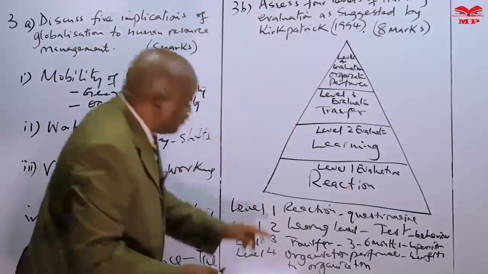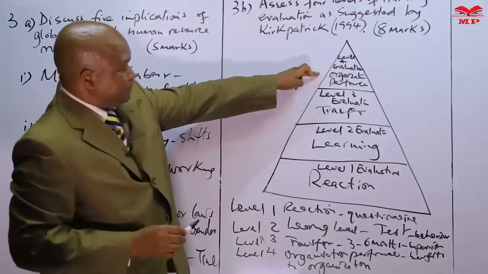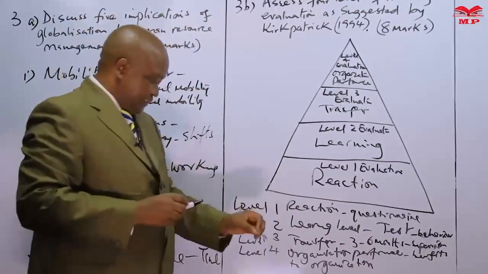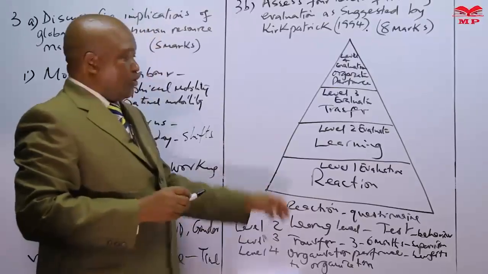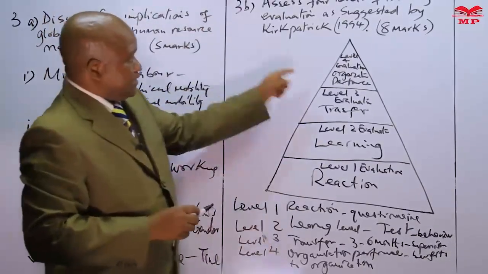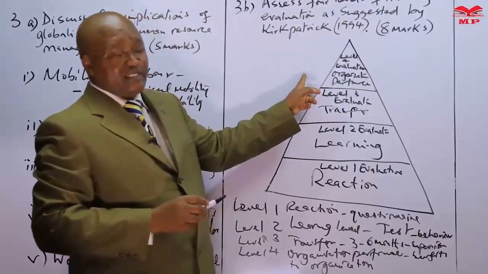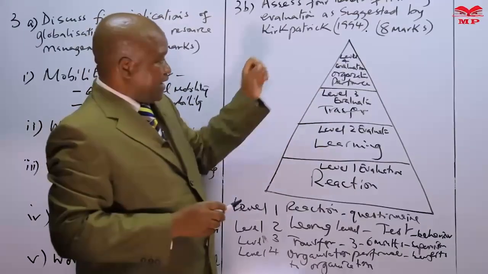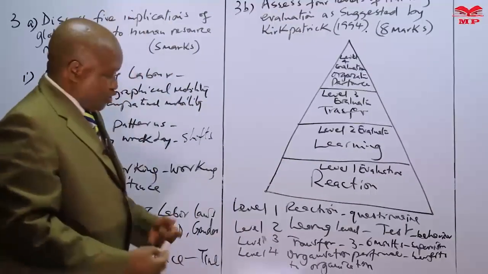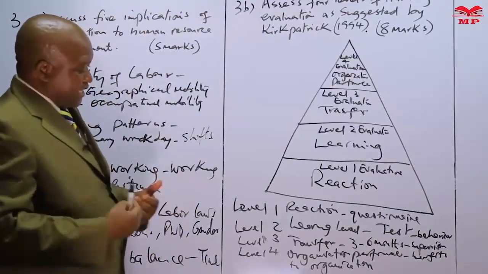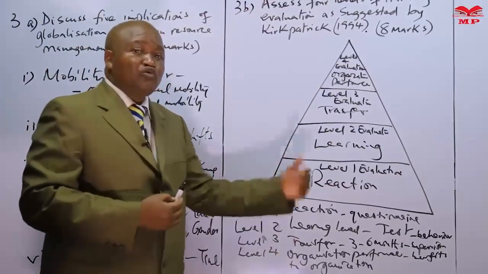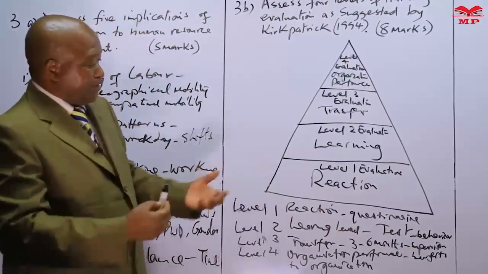So this level 4 is the level that evaluates the tangible contribution, or the return on investment, that this training has for the organization. By so doing, this evaluation informs the management towards concluding whether there is a return on investment on training, the amount of time, the amount of resources.